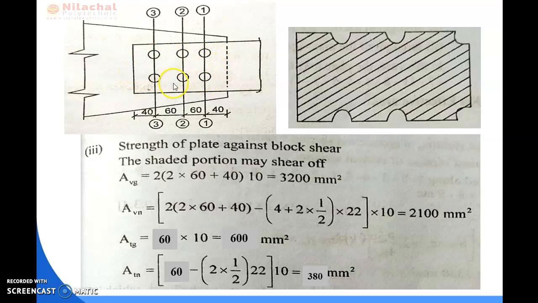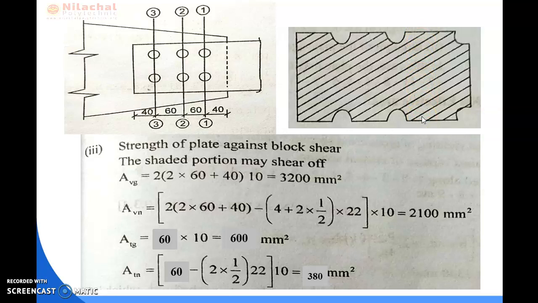So this small section we will draw maximized here so that we can easily calculate the value of all the areas. Now let us assume the horizontal line of the block shear portion is the V line and the vertical line is known as your T line.